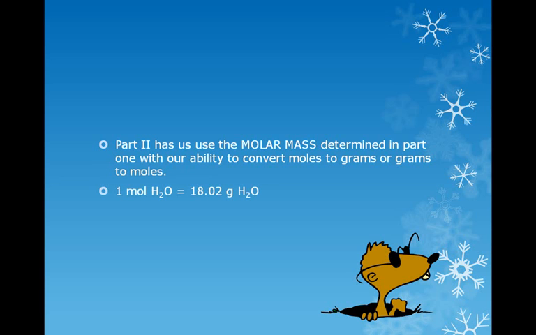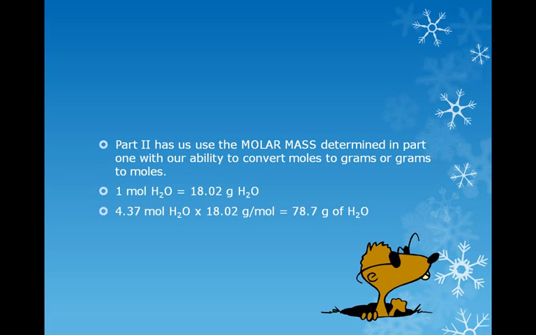So if 1 mole of water has a mass of 18.02 grams, then 4.37 moles of water must have a mass that is 4.37 times that of 1 mole. So we take the 4.37 moles of water, multiply it times 18.02 grams per 1 mole of water, and it turns out that we have 78.7 grams of water.